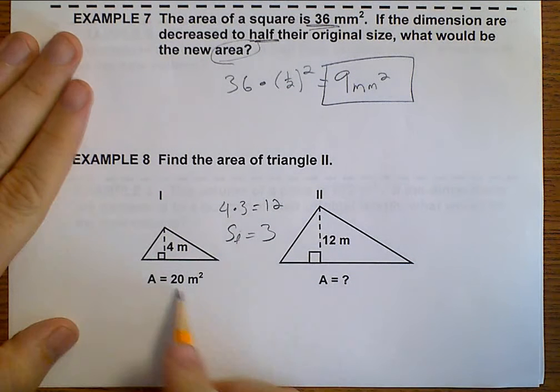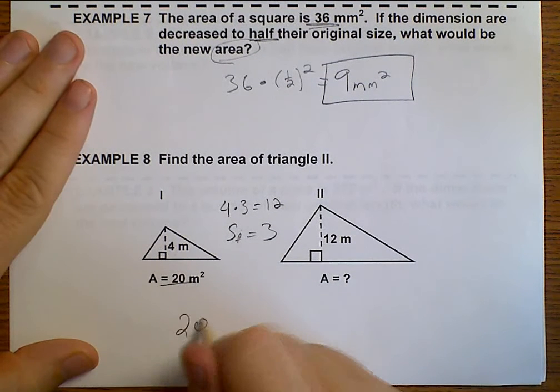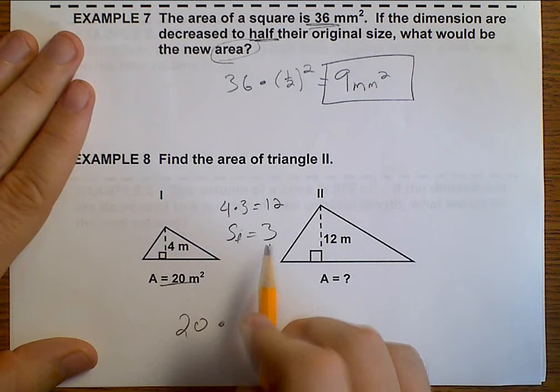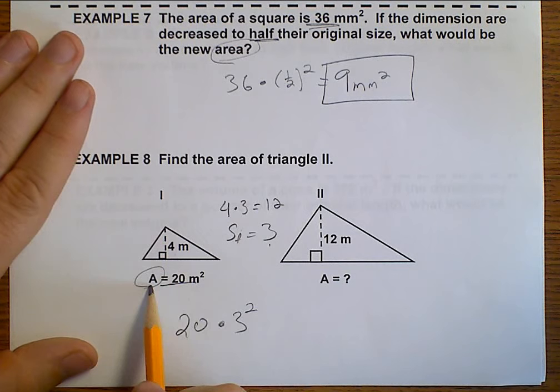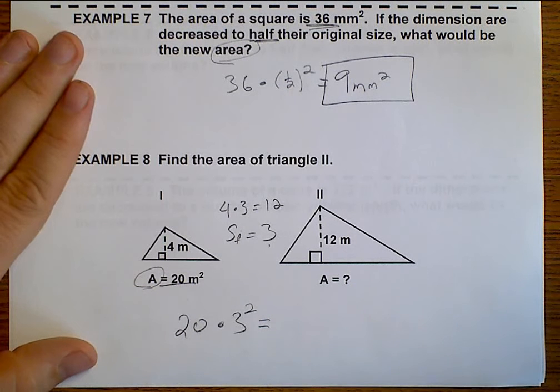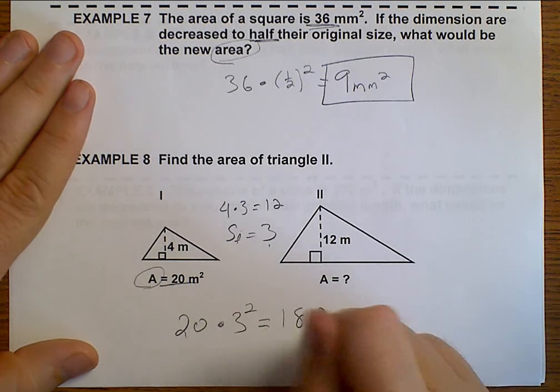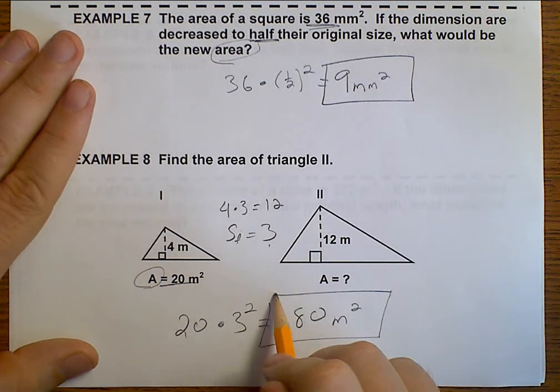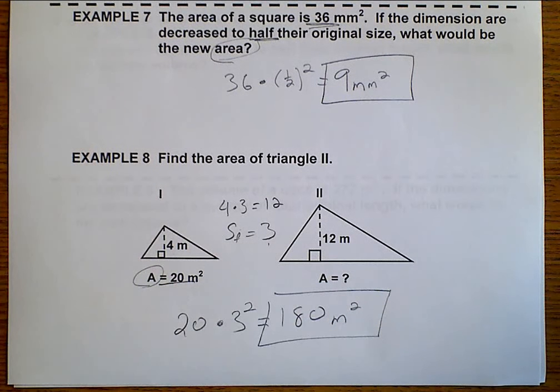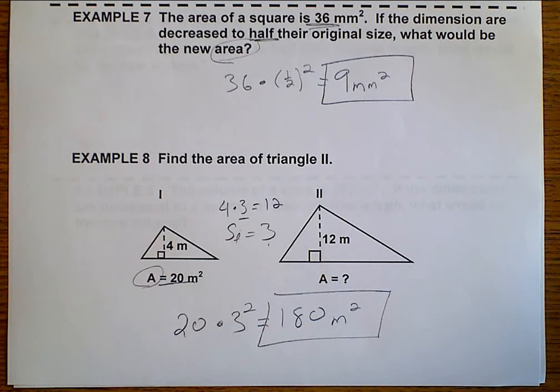So we're going to take our old area of 20, multiply by our scale factor squared, because it's area. And so 20 times 3 squared gives us 180 square meters. Moving on to our next example.